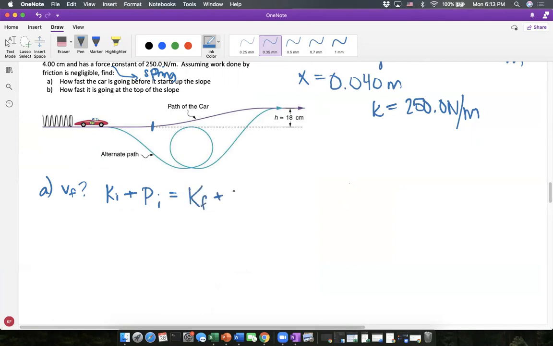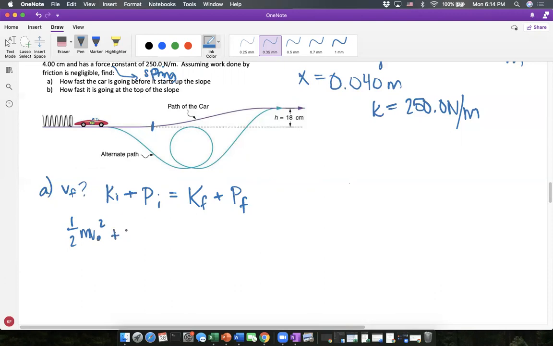Equals final kinetic and final potential. Now we can write this out with all of the equations. So we have 1/2 mv naught squared, okay?